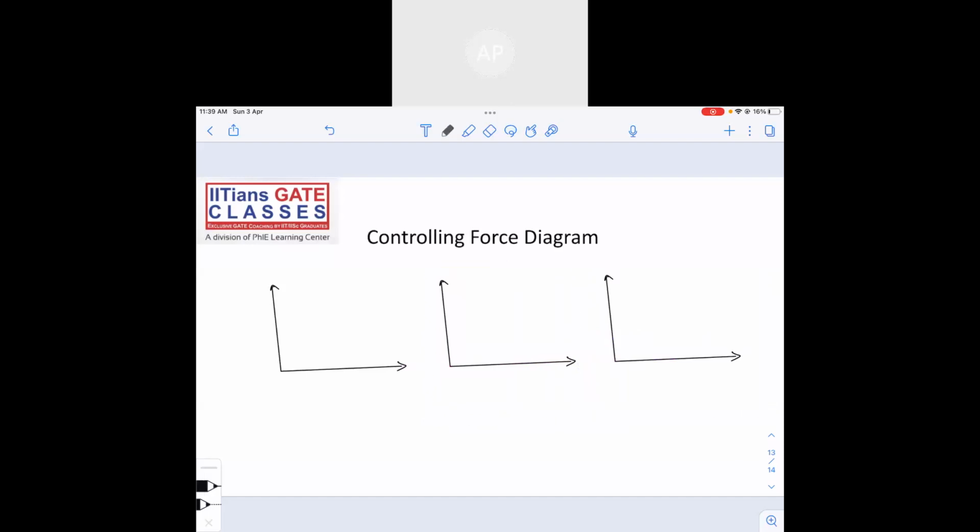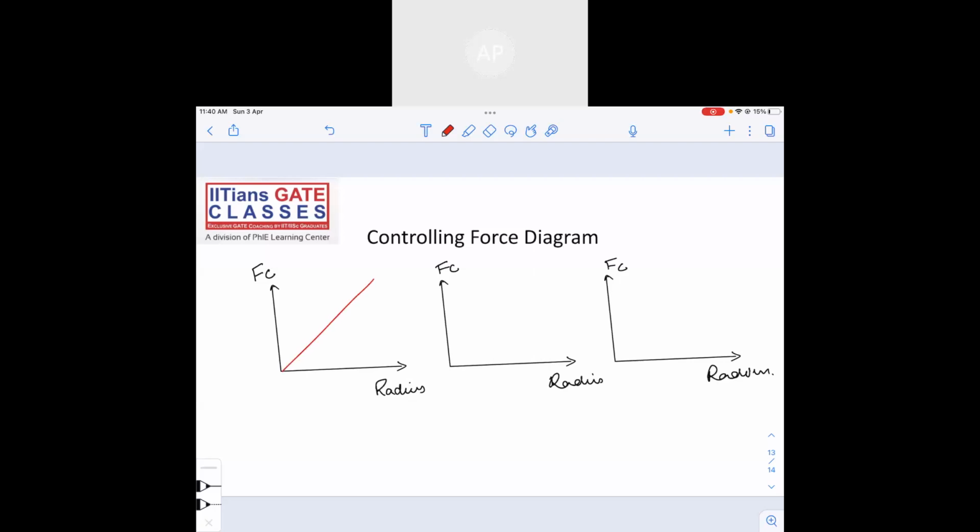What I have on the y-axis is controlling force, Fc, and on the x-axis I have radius. Now, how will the speed curve look? The speed curve will look something like this.